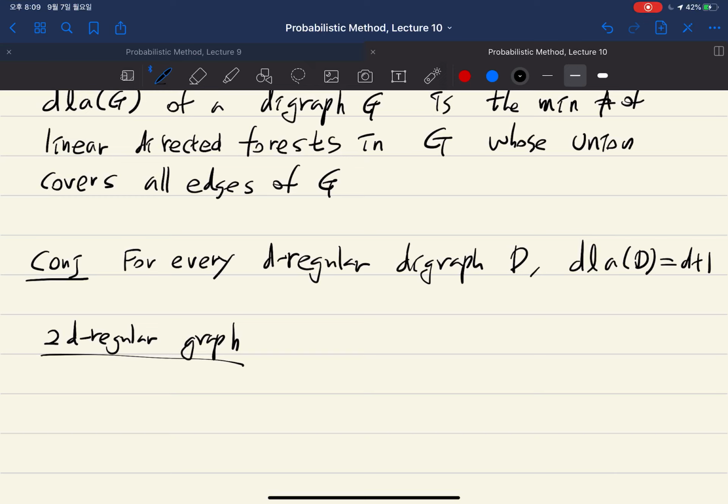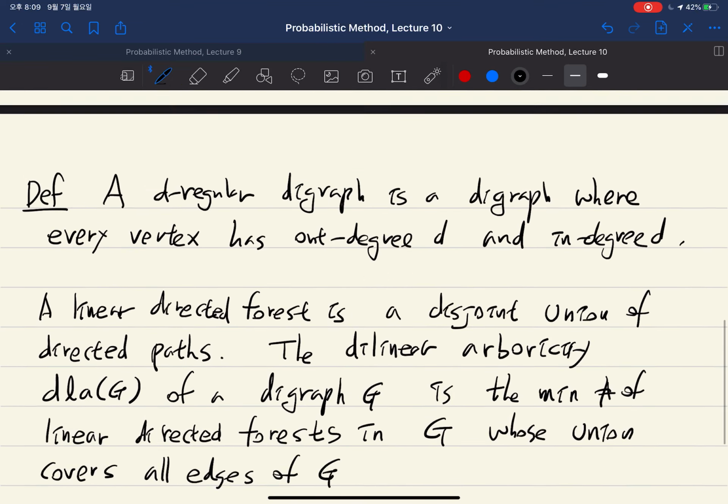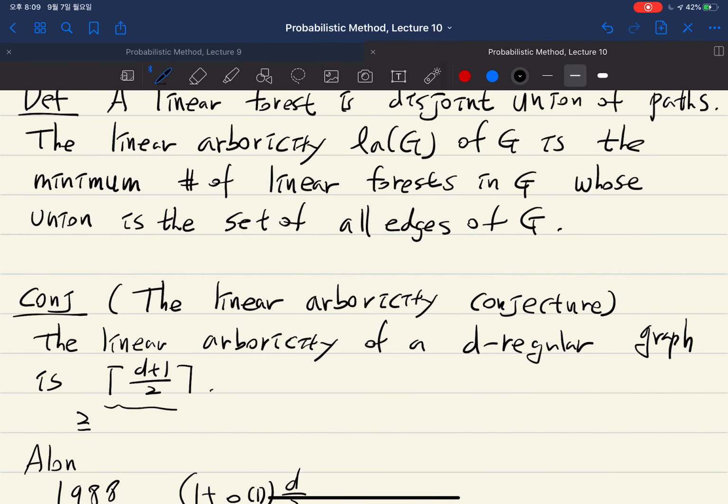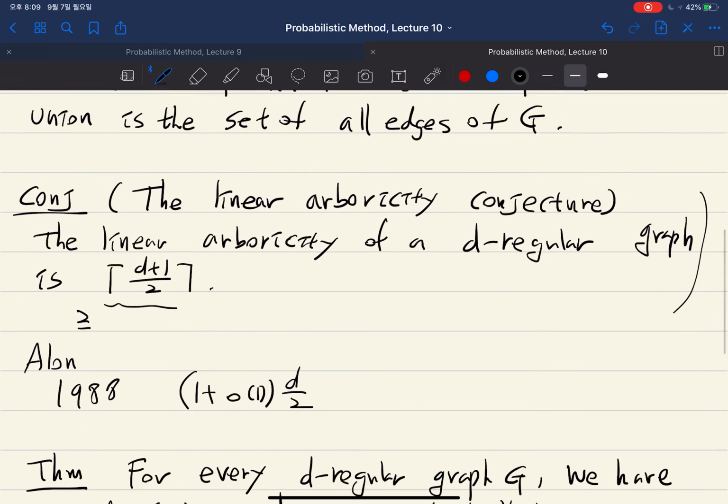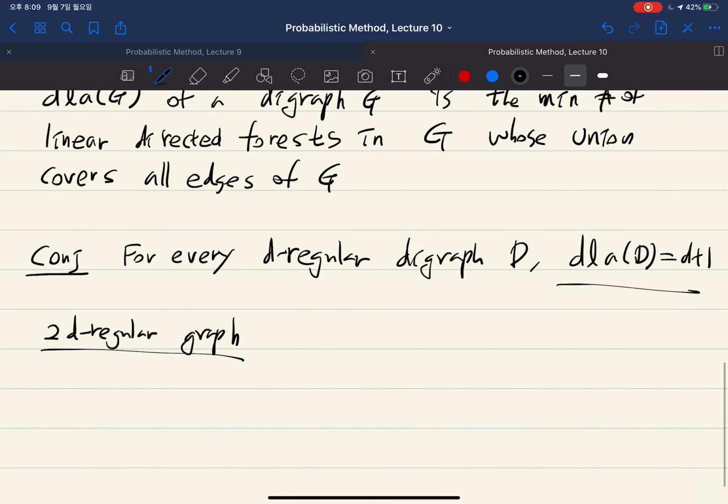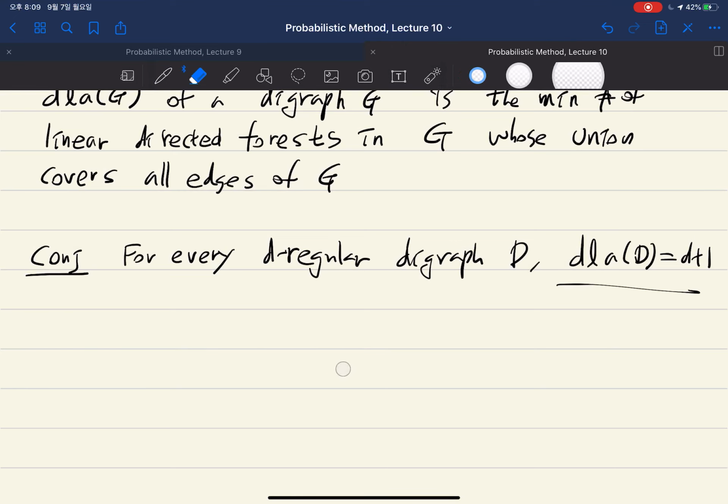By moving along the Euler circuit and orienting each edge, you get a d-regular digraph. So this conjecture implies the linear arboricity conjecture for even d. It's a straightforward implication.